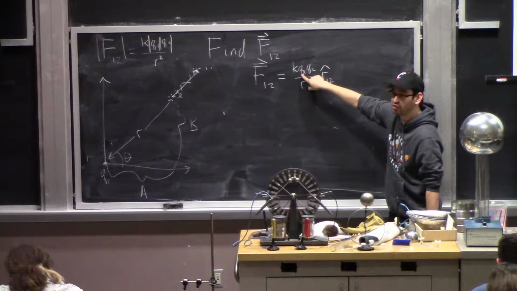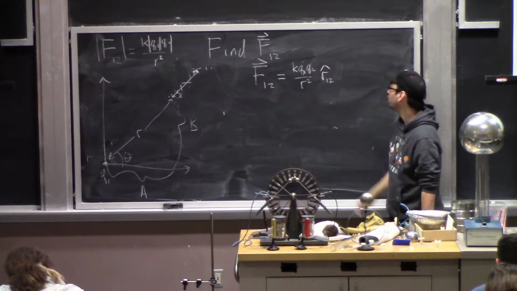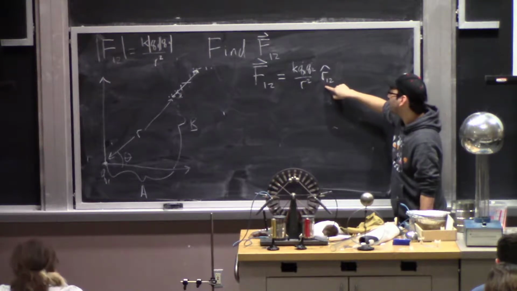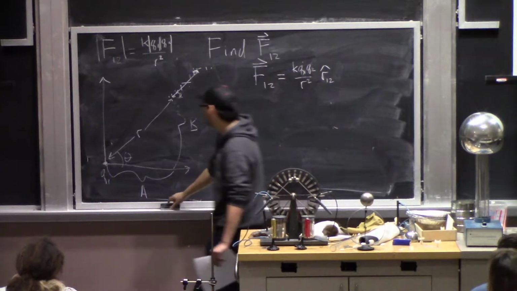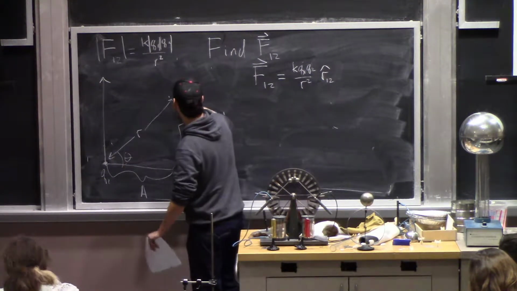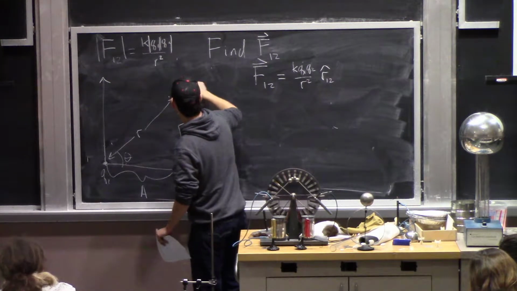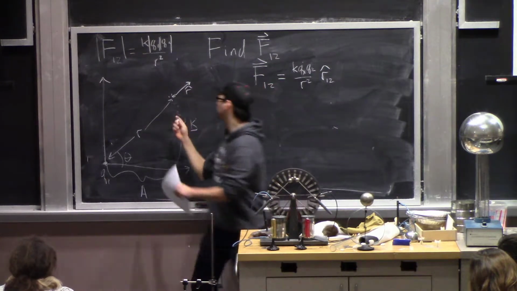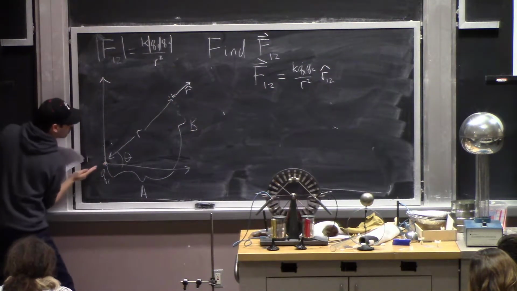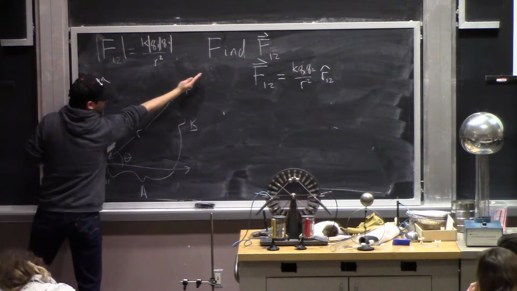If I have a positive charge, I plug in a positive charge here. This unit vector is also new. It's the unit vector that points from charge 1 to charge 2, so this is the unit vector r hat. You see it's pointing this way. Q1's down here, Q2's up here, and the unit vector that points that way goes like this.